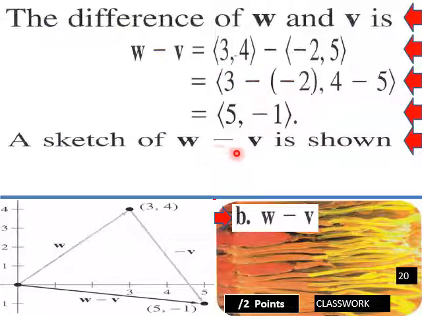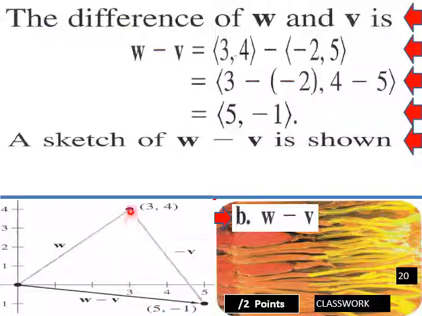So the sketch of w minus v would be shown here. So we have here w minus v will be 5, negative 1 would be here. So w is 3, 4, and then v would be negative 2 and then 5. In this situation, we were subtracting negative 2, 5 from w, and then we end up down here.